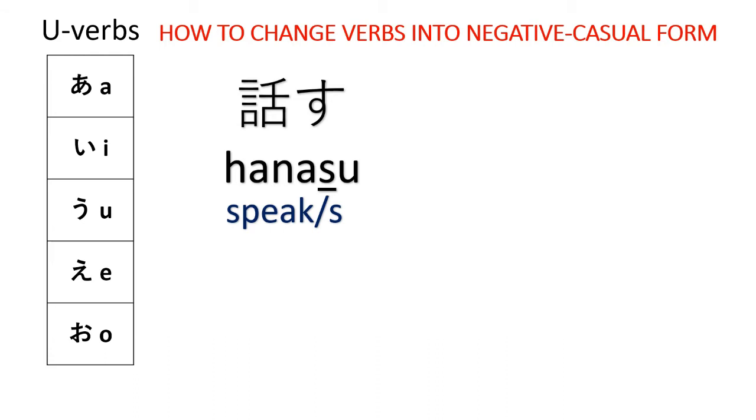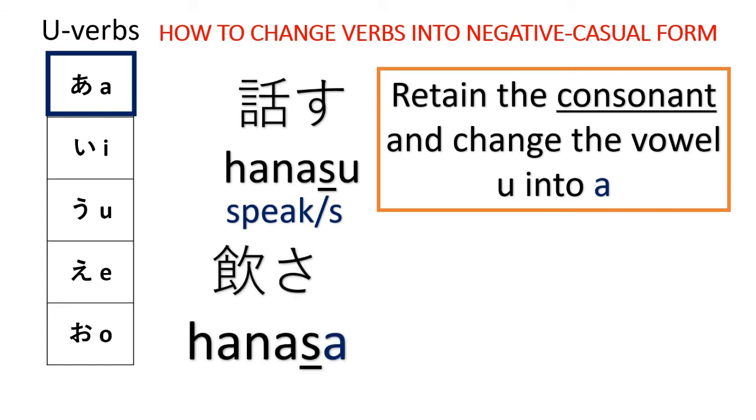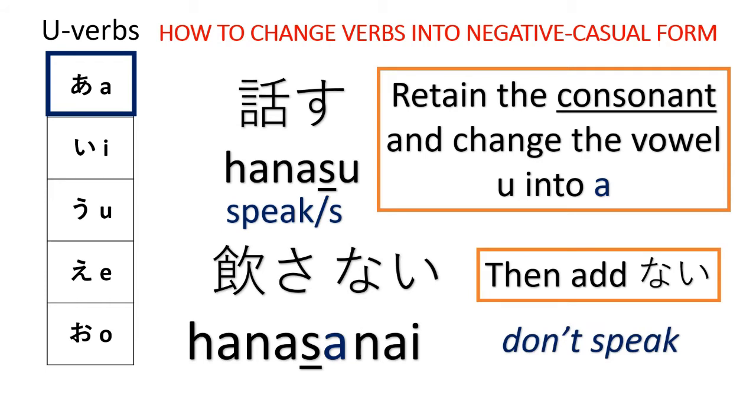To change this into the negative casual, we retain the consonant S and change the vowel U into A. So hanasu becomes hanasa, and then we add nai: hanasanai. Don't speak. Okay?